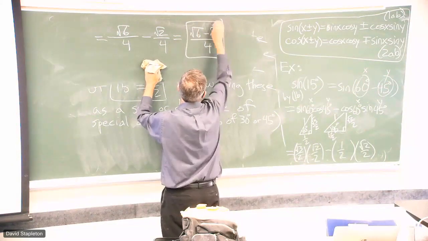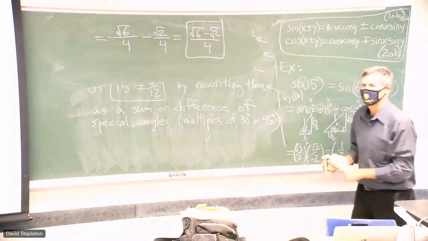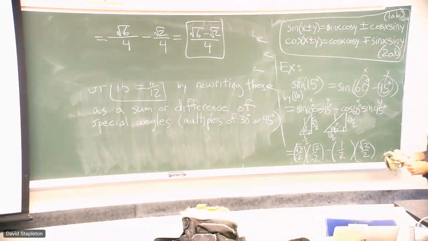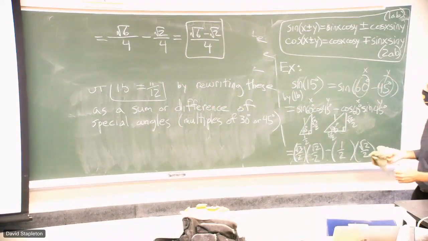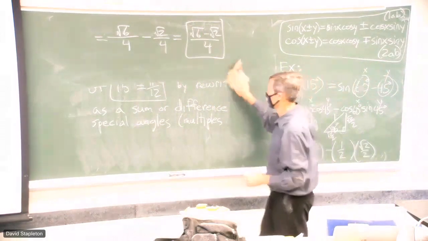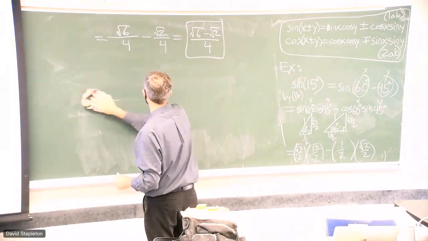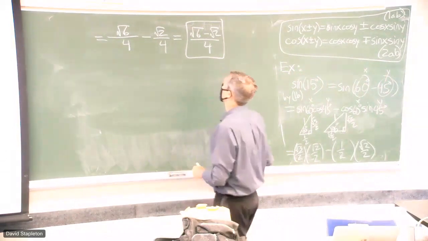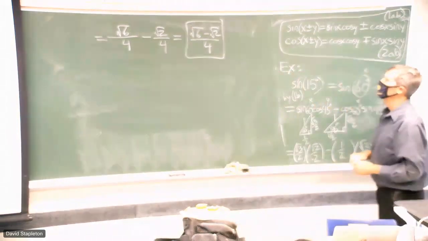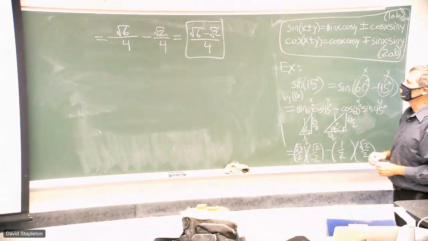There is the exact value of the sine of 15 degrees. How about that? So sum and difference identities are real nice like that. 15-degree multiples are not all that uncommon, right? That seems reasonable to do.